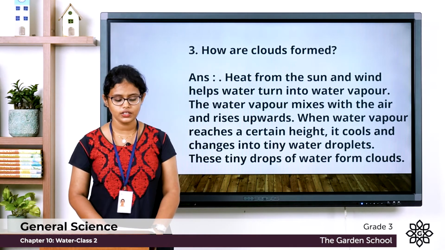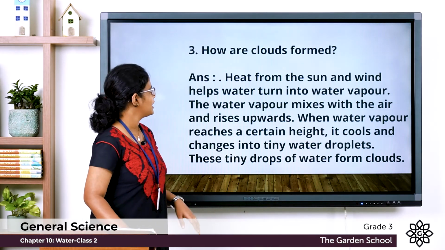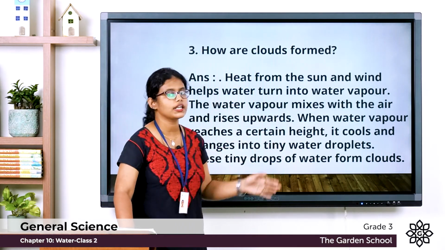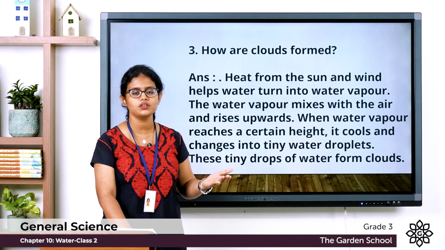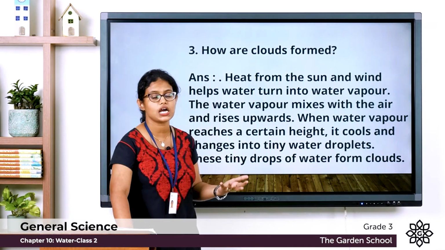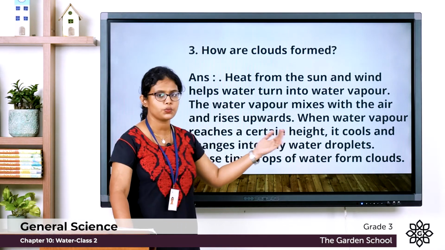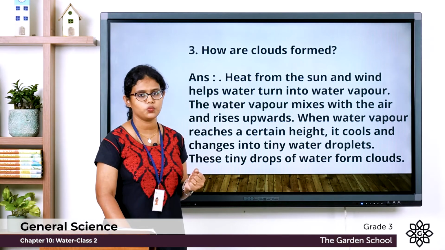Moving to the third one, how are clouds formed? Heat from the sun and wind helps water turn into water vapor. Then the water vapor mixes with the air and rises upwards.